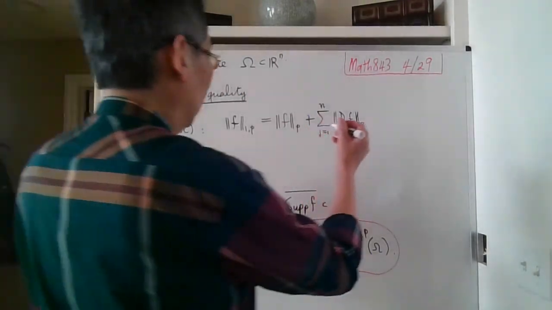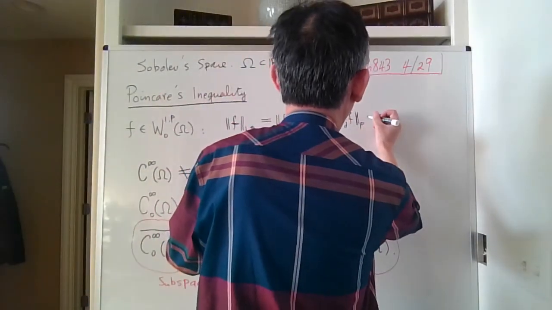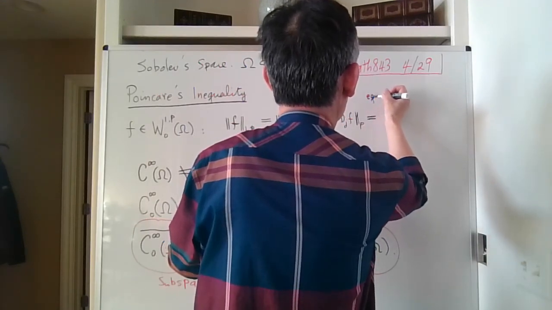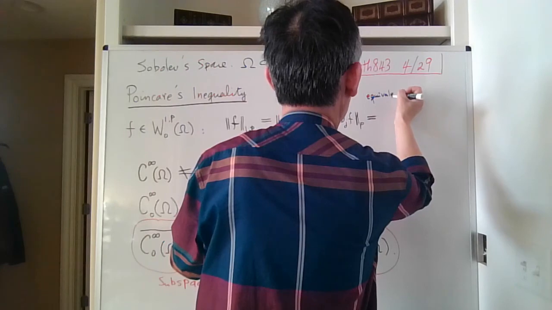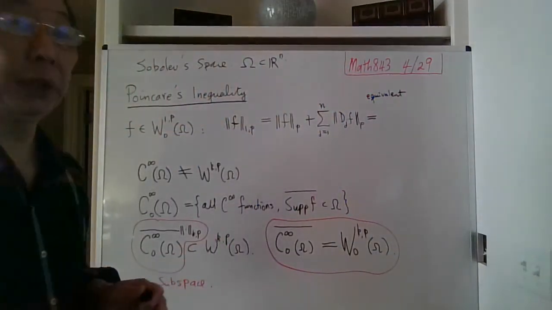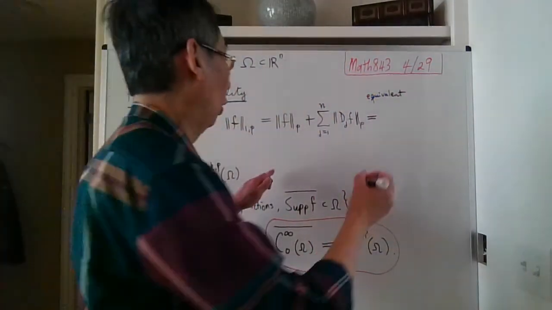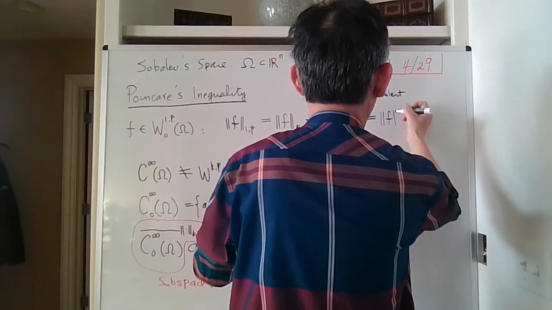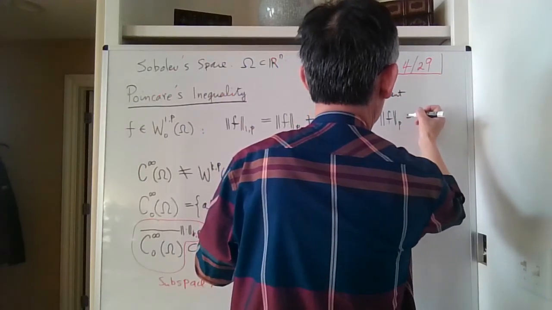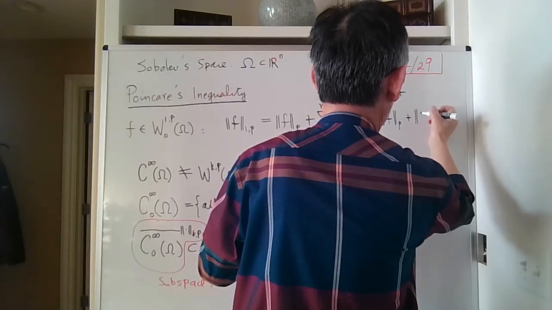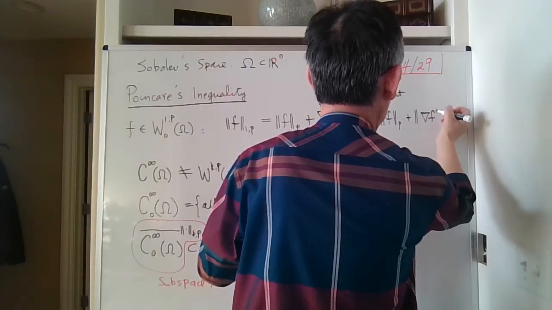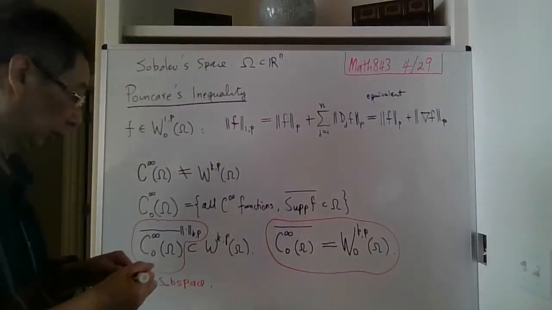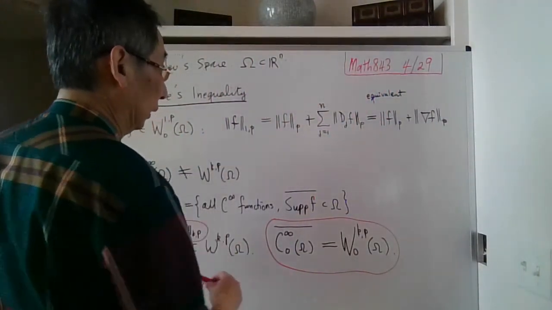Now this norm can be written in an equivalent form. It's just equal to the L^p norm of f plus the L^p norm of the gradient of f. Why does this only say it's equivalent, not equal?